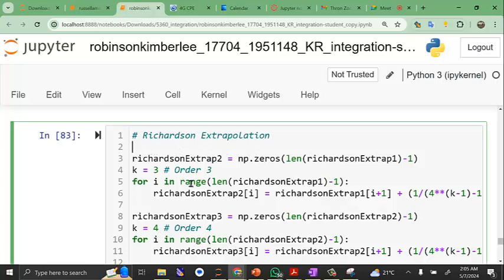I could say Richardson extracts is equal to an empty list, and then here you would just put it in. Then here we would say Richardson.